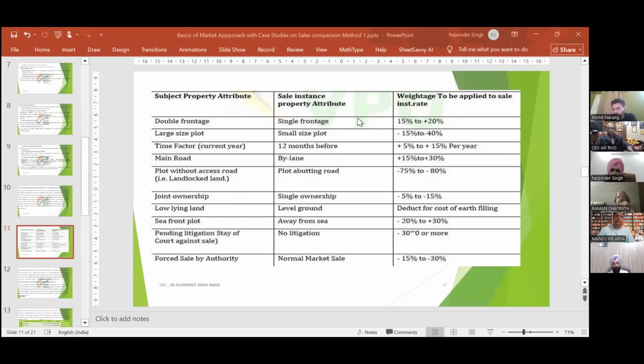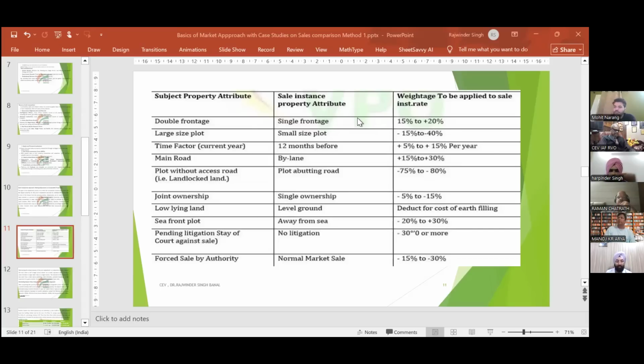If you are doing it for banking purposes, it will have a different value. If you are doing it for taxation purposes, it will have a different value. So that is why it is called an art. This is not a science. This is an art.